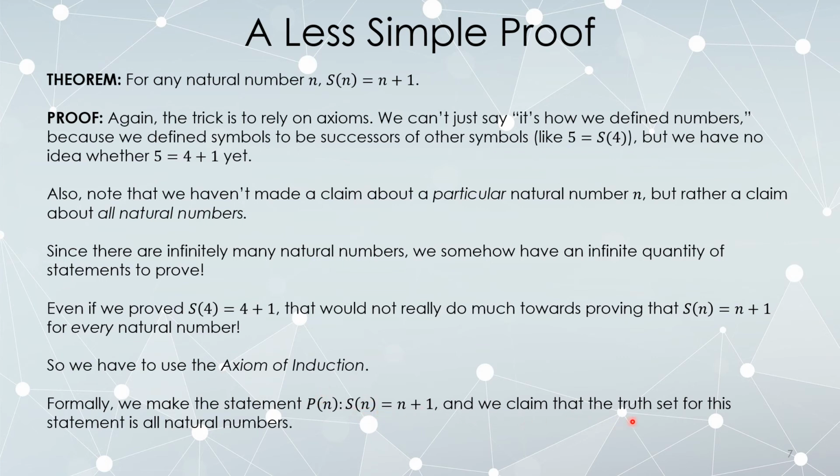We are claiming the truth set for this statement, the numbers for which the successor happens to be equal to n plus 1, is all natural numbers. So we're going to define the truth set of this statement to be the set A, and then we're going to show it contains 0, and if it contains a number, it must contain its successor. Axiomatically, that will tell us that set must be all natural numbers.